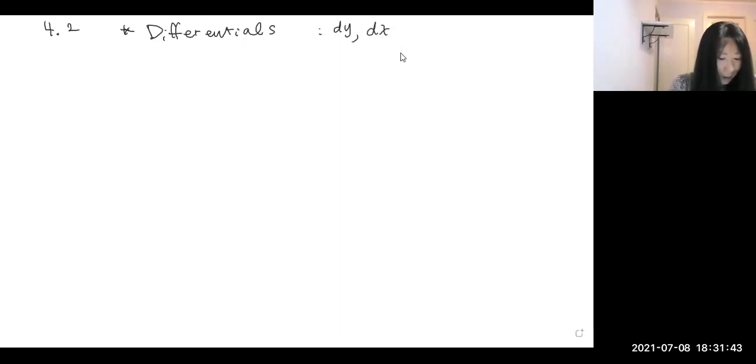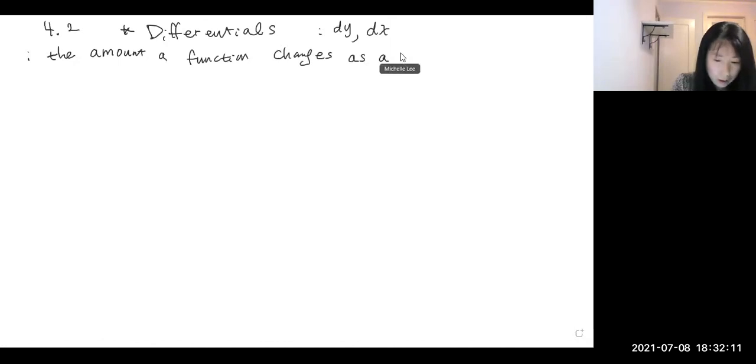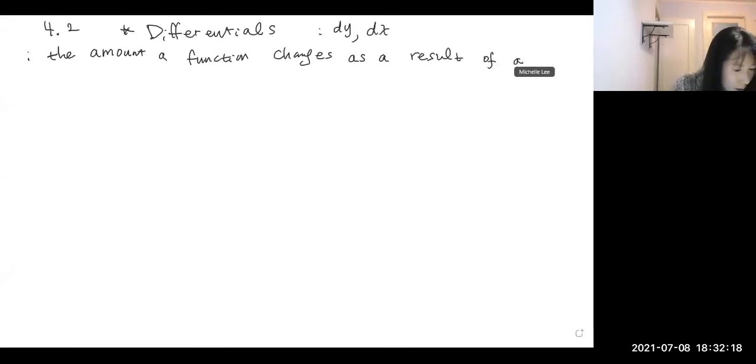We talked about this before. Differentials, and so the amount a function changes is a result of a small change in x.